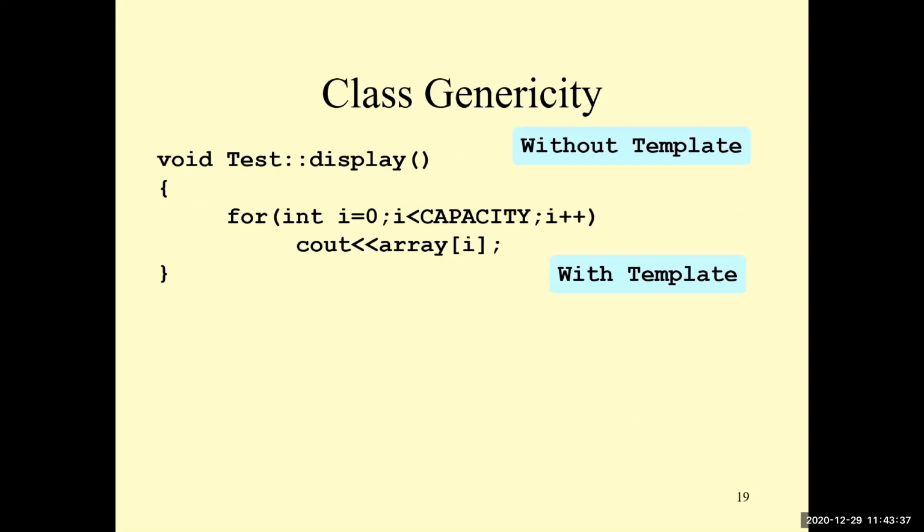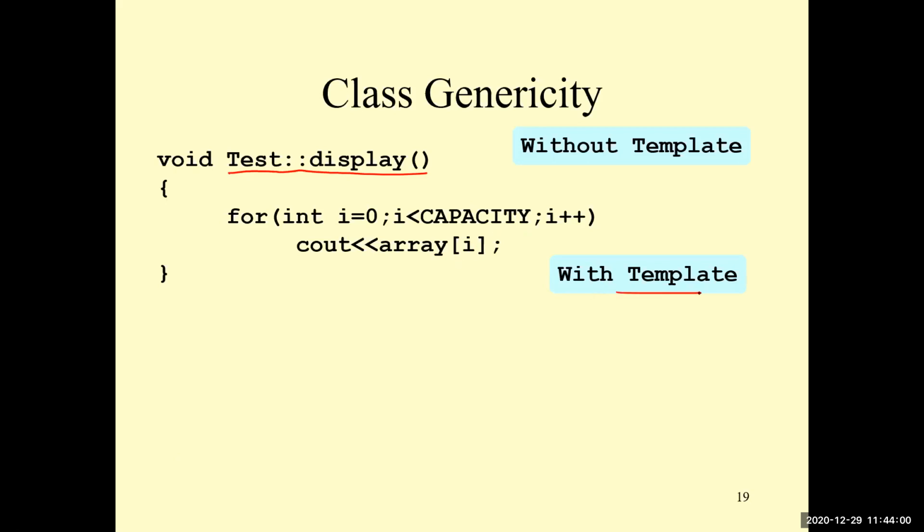And then as I told you, when you are giving the body of the function outside the class, please remember outside the class, this is the syntax that we use when we are not using any templates. Okay, so we are basically simply displaying the members of an array by a for loop.